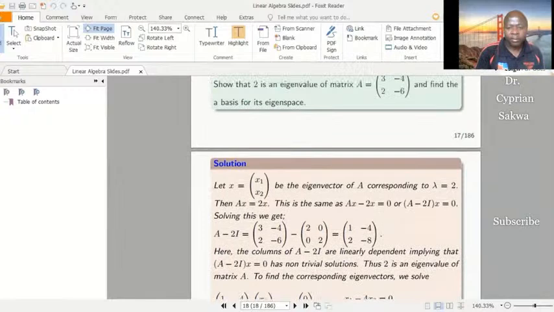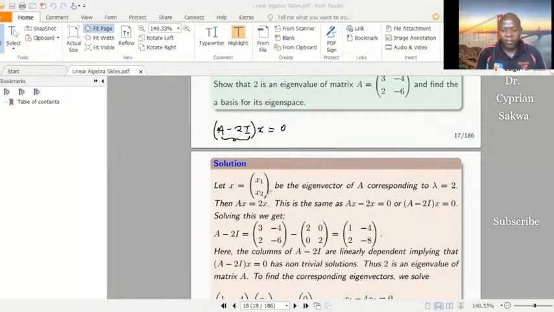Show that 2 is an eigenvalue of this matrix A. We use the same knowledge: we take matrix A minus 2I and multiply by x equal to 0. But then we look to see whether the columns of this part are linearly dependent.